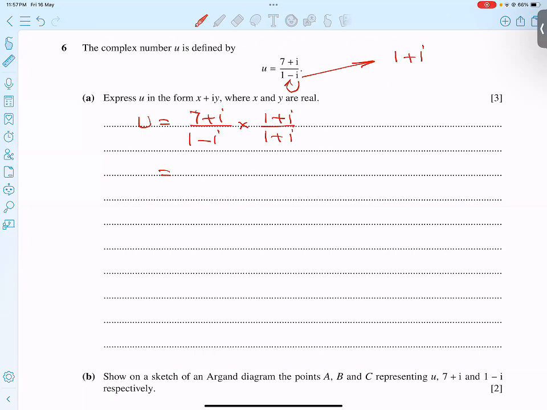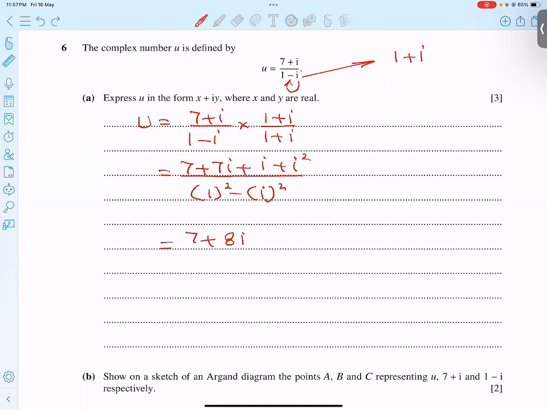That's it. 7 into 1, I got 7, and 7 plus iota, 7 iota, and plus iota to the power 2. And down, square of 1 minus square of iota. Basically, whenever two values are the same and the signs are opposite, we say a square minus b square. Here I got 8 iota because 7 plus 1 gives us 8 iota.